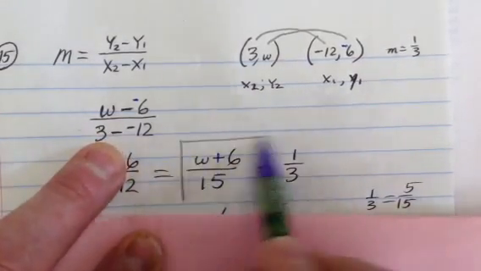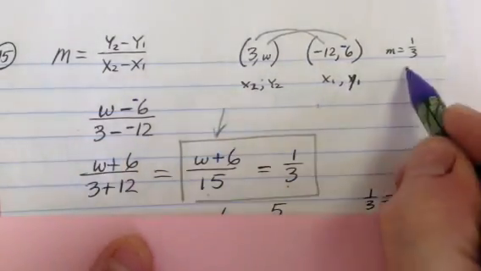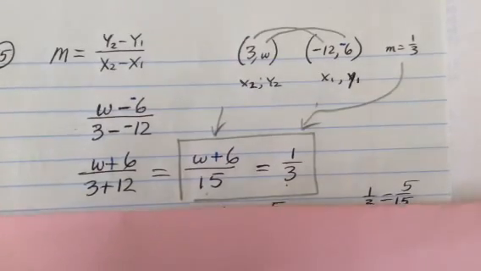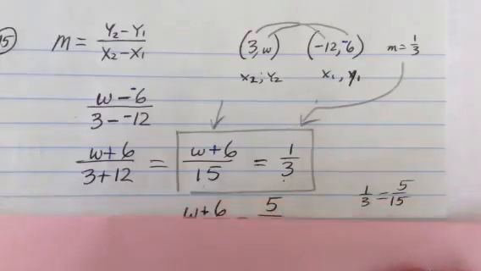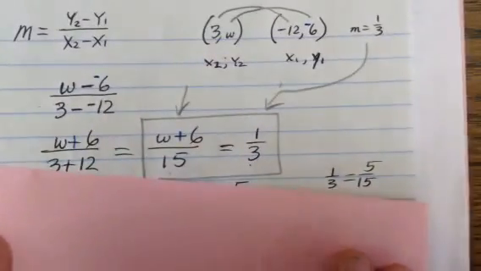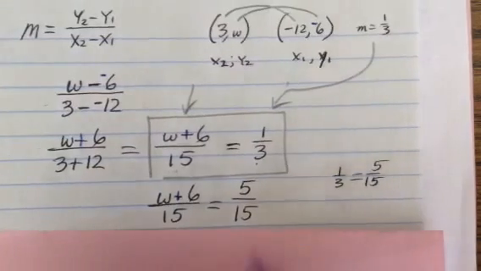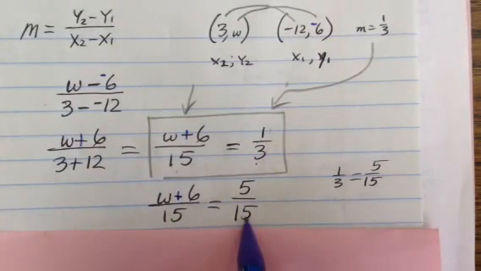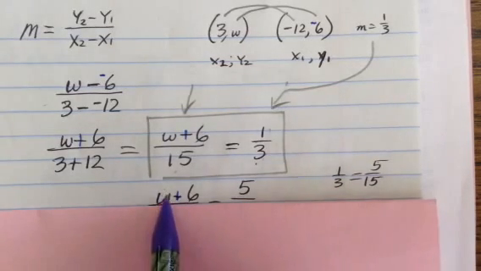So now this has to be true because this is slope right here, and this is also the slope of the same line. So what I want you to do now is get a common denominator. The common denominator is 15. Remember from elementary school? 1/3 is 5/15. So if I change 1/3 to 5/15, once we have a common denominator, all we have to do is look at the numerator.